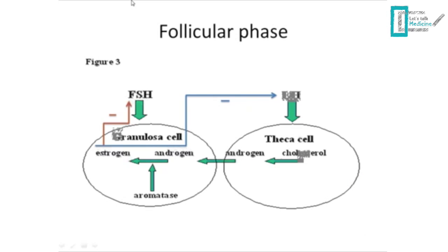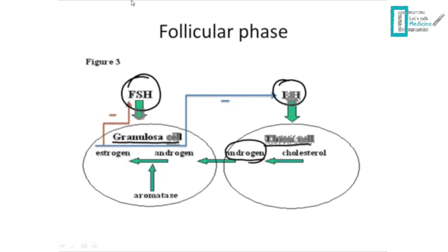Okay, so as you see here, we have FSH, we have granulosa cells, and we have theca cells, and you have here LH. Okay, so what's going to happen? LH and FSH are going to work together. LH will stimulate the theca cells to give us androgens.